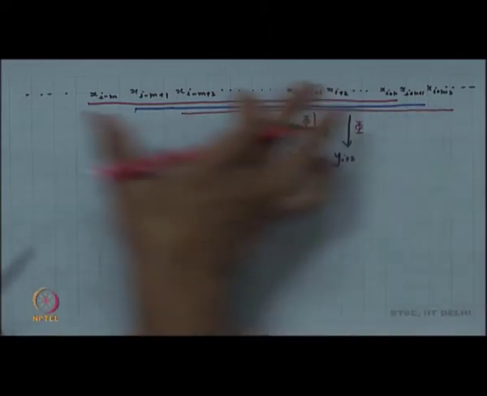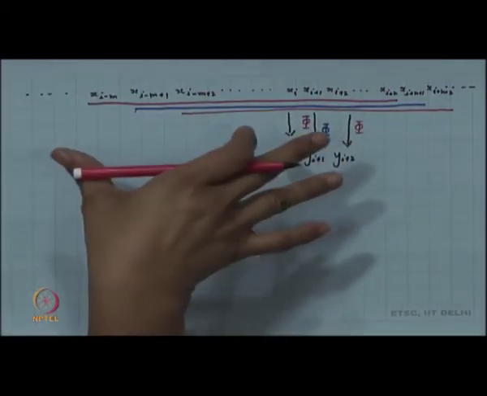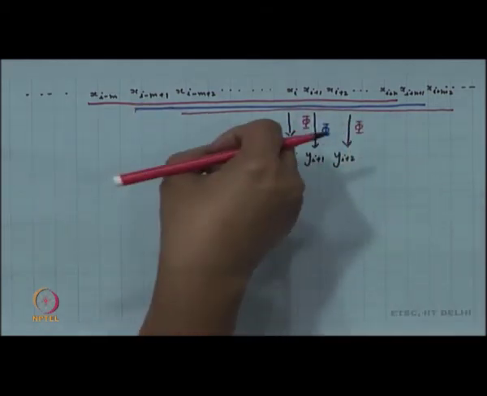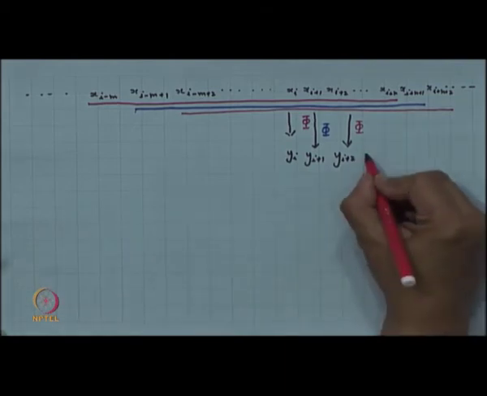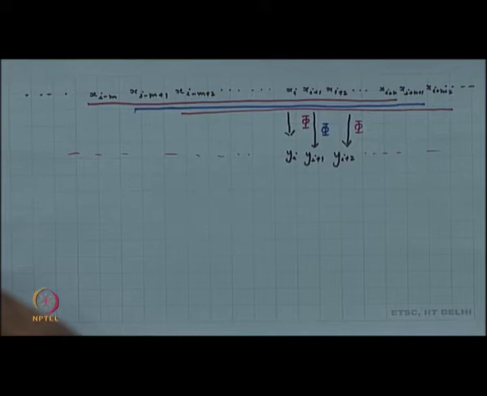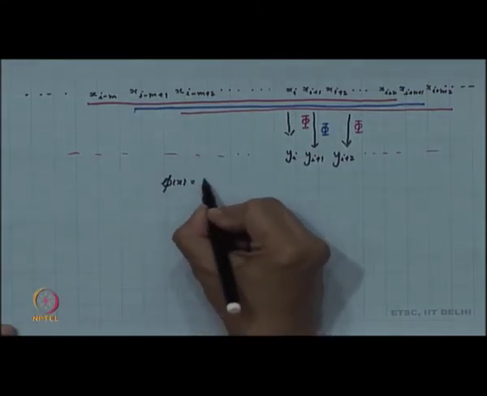So the block map reads a certain block within the whole sequence, and depending on how we define it, it generates a single value, and that is how we get this particular sequence, which we define as phi(x) equal to y.